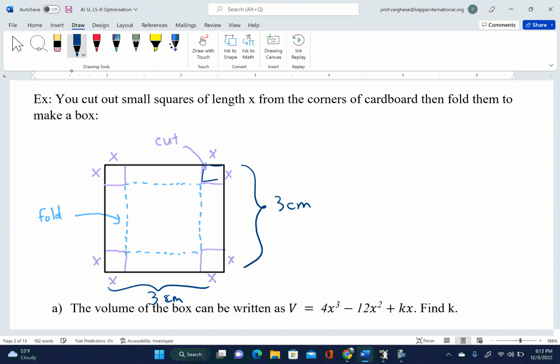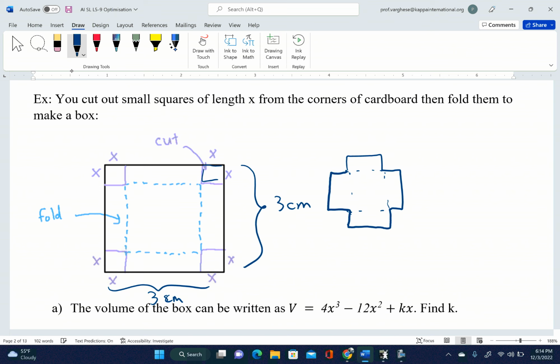Okay, so let's talk about what that would possibly look like. Your new box would look something, obviously it's not going to look exact, but it would look something like this. Okay, when you cut the corners out, you could fold these up, and then you can have an actual 3D box without a lid, obviously.